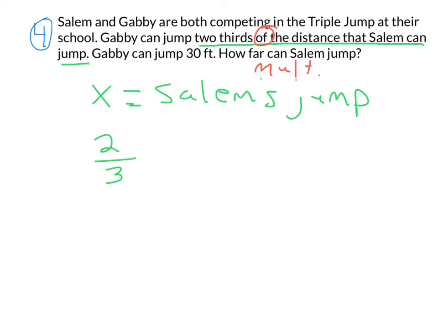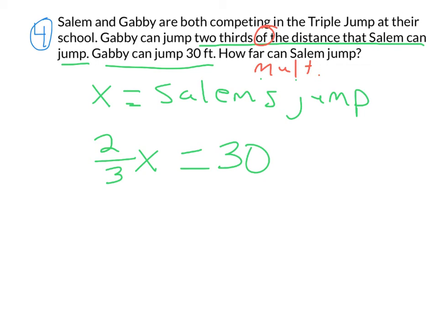So of the distance Salem can jump, that's 2/3 x. It also says Gabby can jump 30 feet. Well, this stands for what Gabby can jump. So we just set it equal to 30. So there's my equation I have here.